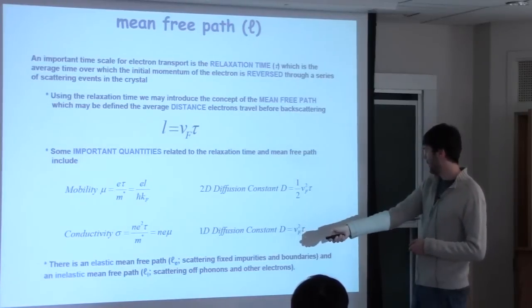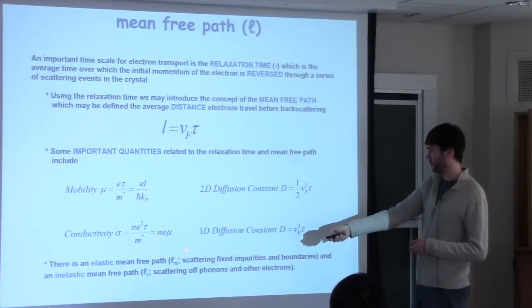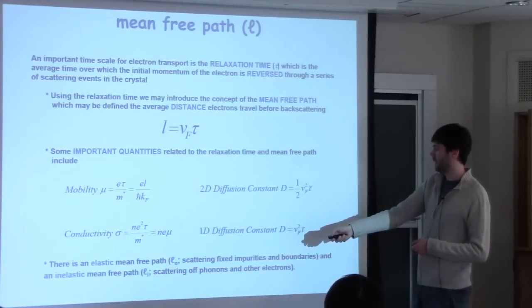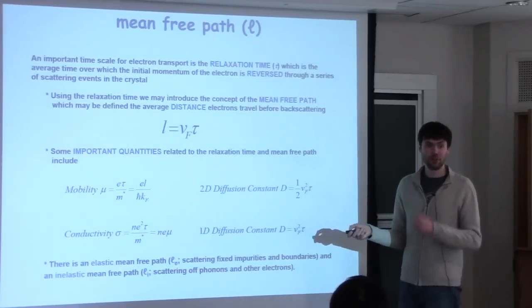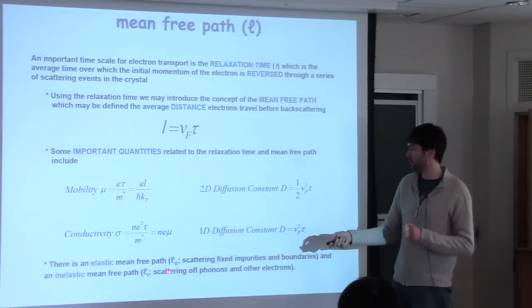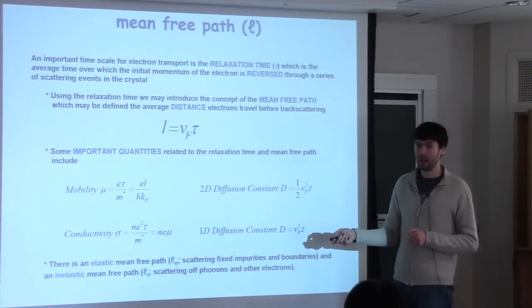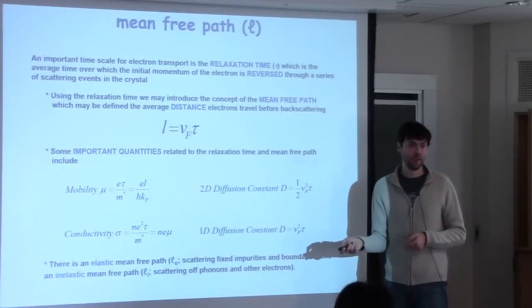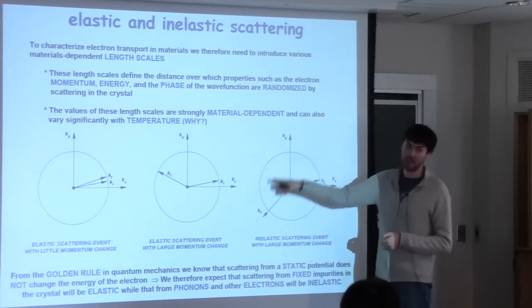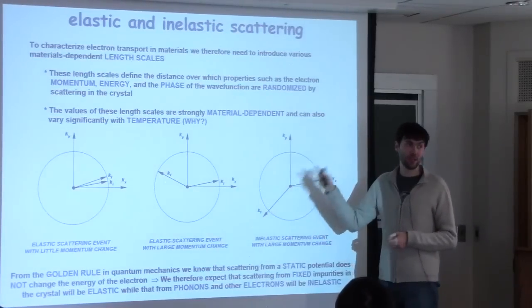And I already mentioned to you that the mean free path, if you just define it as a momentum relaxation time, refers to the direction of momentum, and that is called the elastic mean free path. You can also associate an inelastic mean free path with processes like this, when you exchange energy with something.